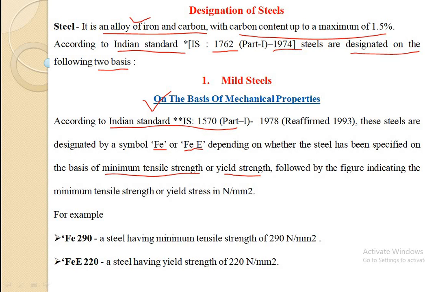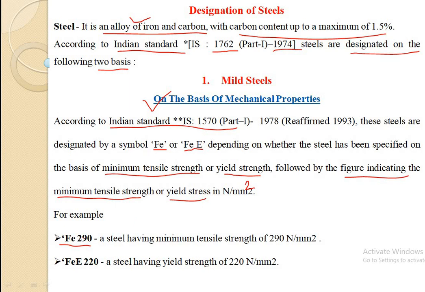Depending upon whether that steel is designated on the basis of minimum tensile strength or yield strength, we can write a symbol as Fe or FeE, followed by the number indicating the minimum tensile strength or yield strength in Newton per mm square. It is Newton per mm square. So take the example. Now in this case it is mentioned as Fe 290.